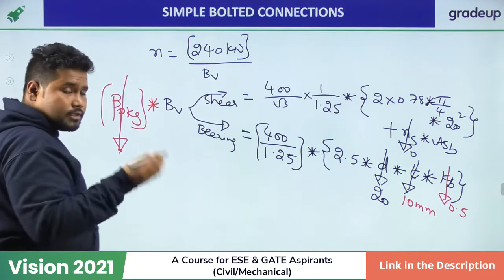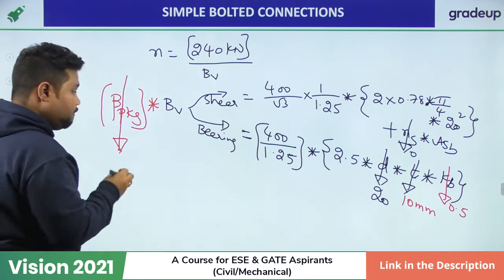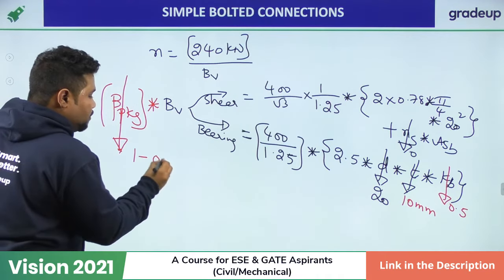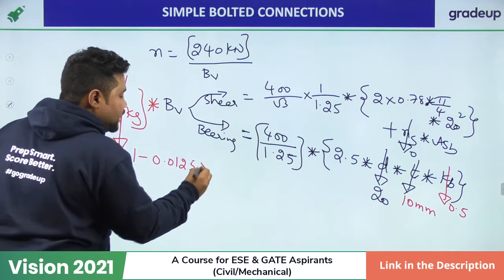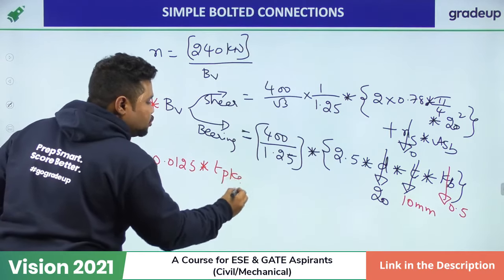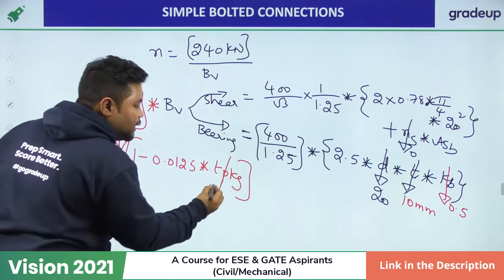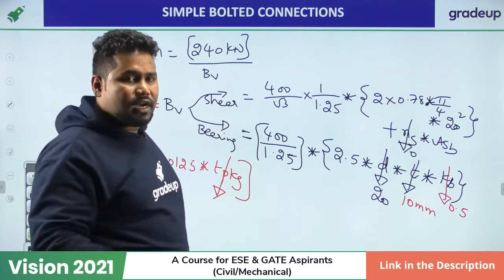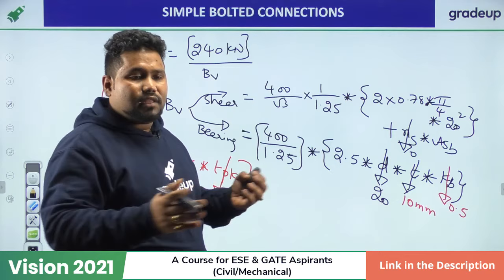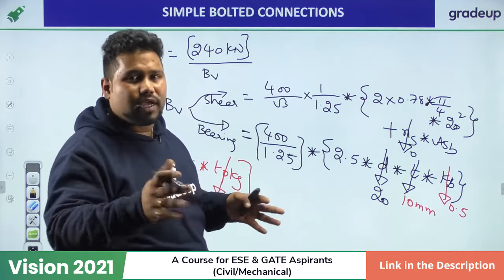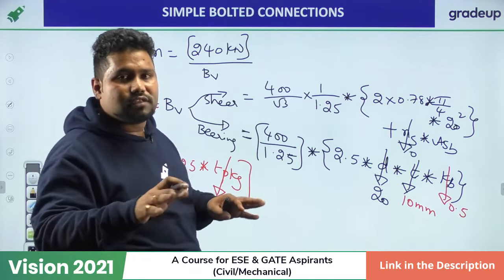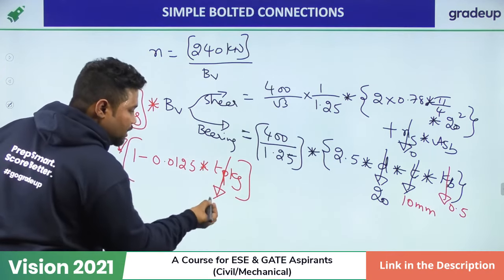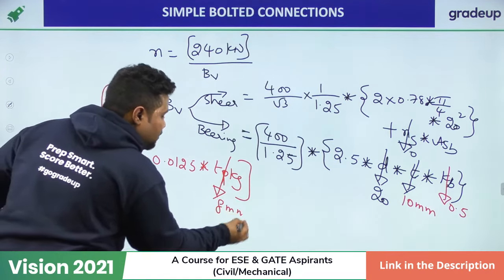As per IS 800 2007, it is 1 minus 0.0125 into the thickness of the packing plate. This should be considered when the thickness of the packing plate is more than 6 millimeter. If it is less than 6 millimeter, the distribution of shear stresses is okay and there will not be much variation. So the thickness of the packing plate here is 8 millimeter.